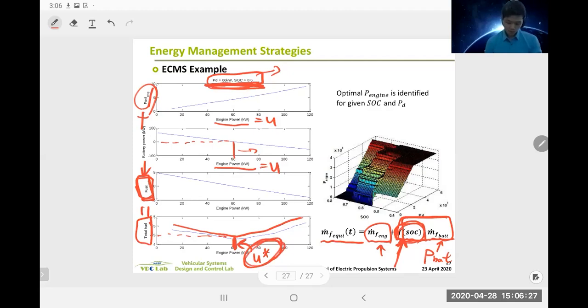Okay, but you need to do this for different power demand and different SOC, so that you can actually drive a cycle, right? Because power demand and SOC change over time. So if you take a look at this plot, this is a summary, the final result of the ECMS strategy, where the z-axis is U star and X and Y are power demand and SOC.